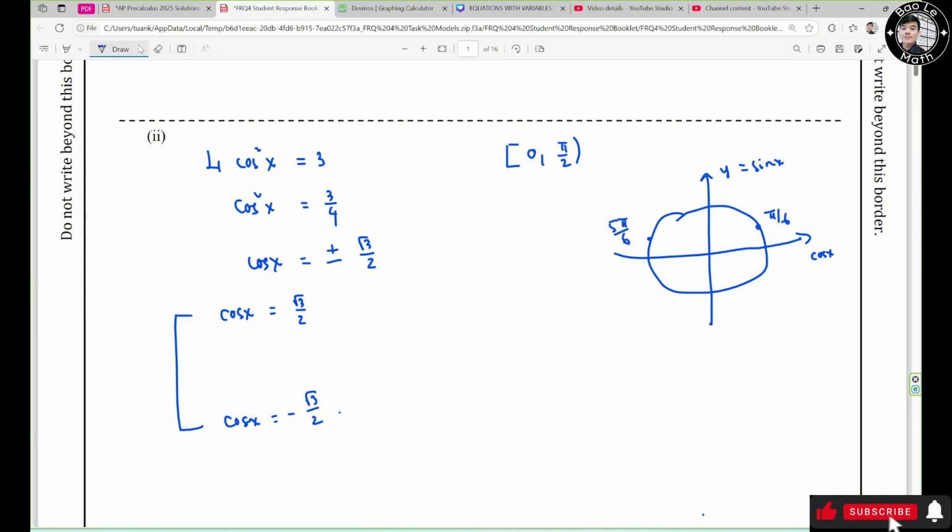Now we look at the domain. s between 0 and pi over 2 means your solution should be in the first quadrant only. So we just ignore this one, it is not a solution. So s equals pi over 6, and that's it.